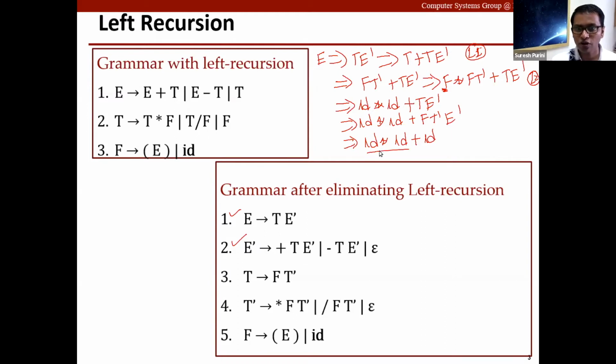So this is how we can generate a string such as ID star ID plus ID using the grammar where there is no left recursion present. I want you to understand this grammar and try to gain intuition about it, because we will be using this grammar for the rest of the discussion on LL1 parsing. Let's keep going.